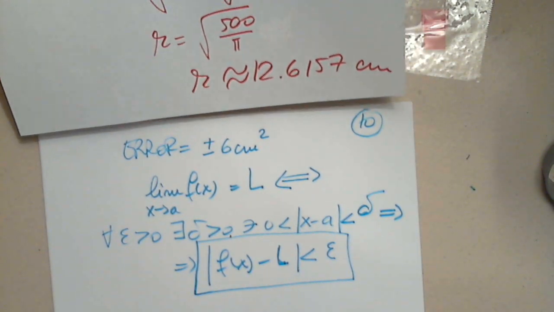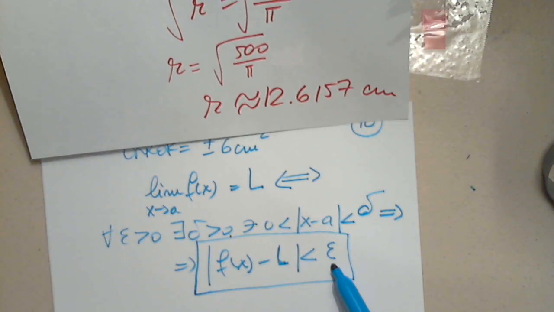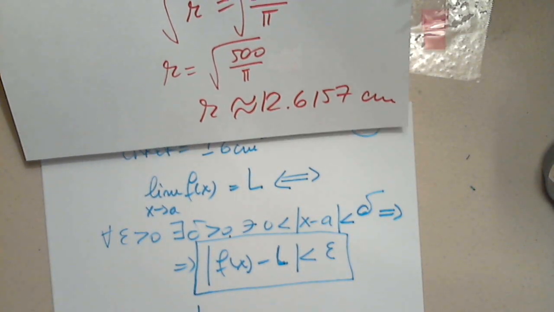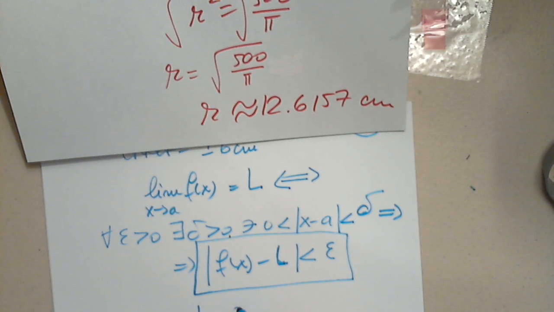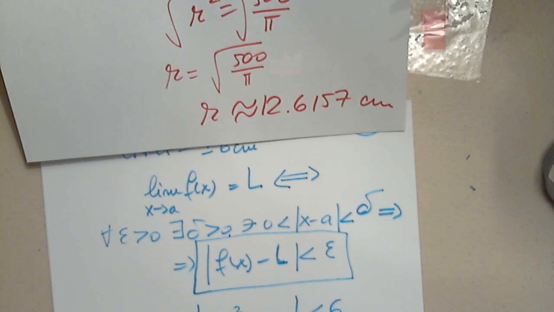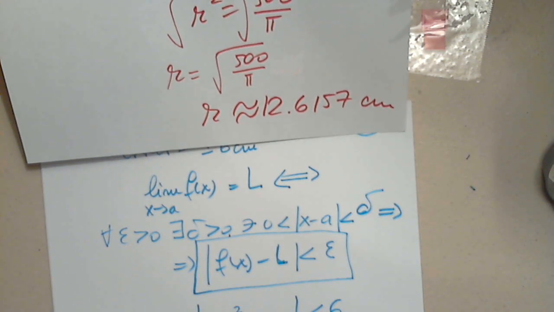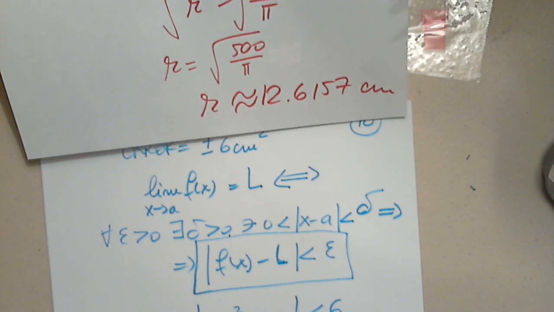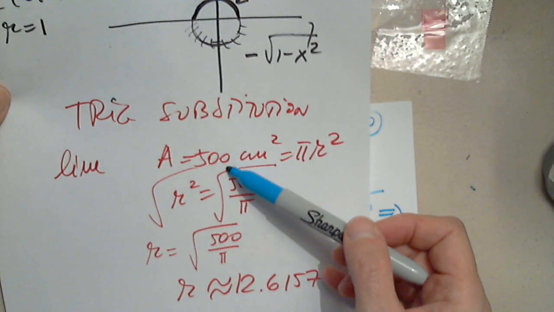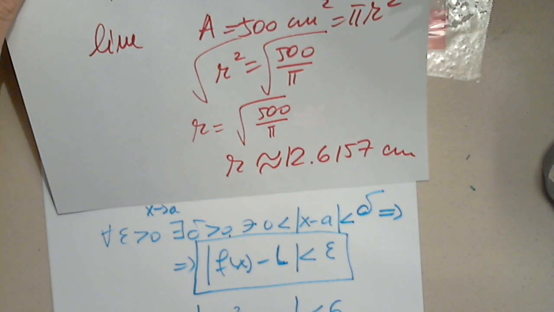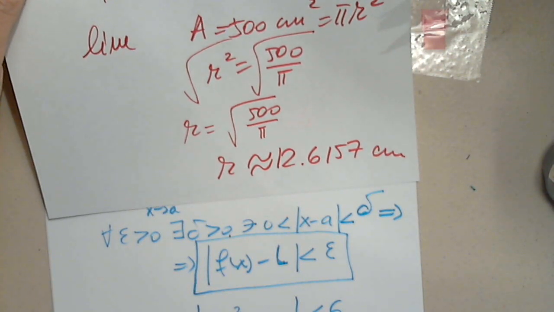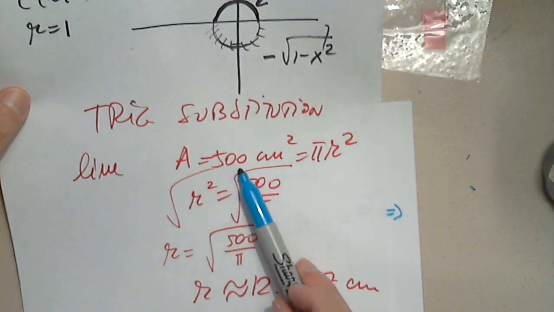So we are told that the error is 6 centimeters. So the function is pi r squared, minus the limit, is less than 6. And we are asked to find, so what is the limit? The limit is 500. So we want the limit of this function to be exactly 500.